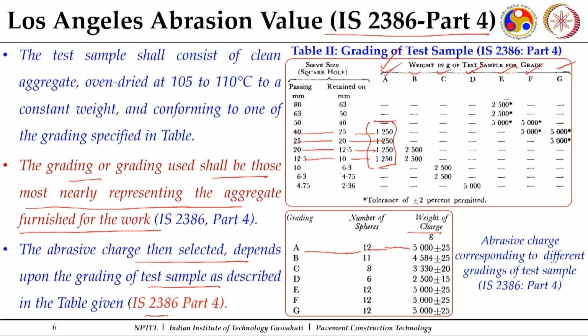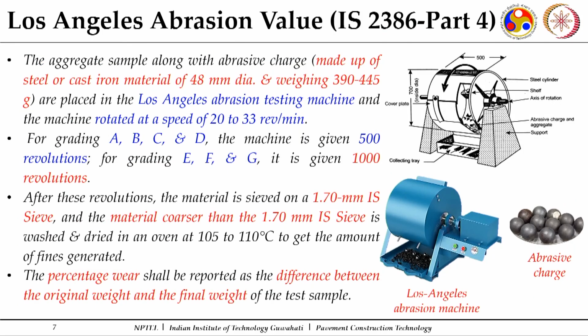This is again as per IS 2386 part 4. Once you have selected the grading, you take the aggregates as per that grading requirement. For example, for grading A we require 5 kg of material on 4 different sieves of 1250 gram each, and the abrasive charge is to be taken around 5 kg, plus or minus 50 gram.